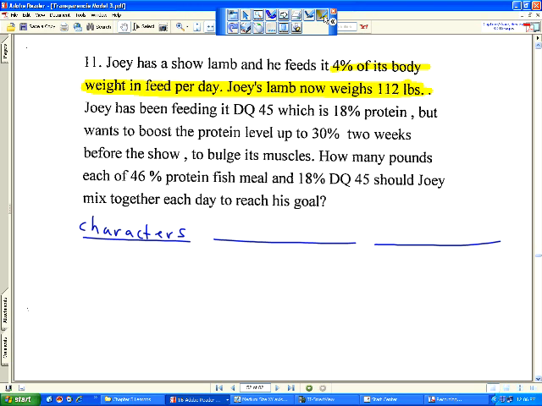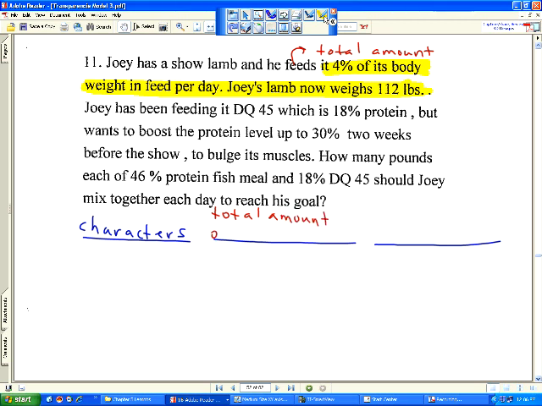What's that information going to give me when I put those two things together? It's how much he's going to feed it. My total amount of feed that I'm going to feed that lamb is 4% of its body weight, 112. I'm putting those two things together to come up with my total amount equation.